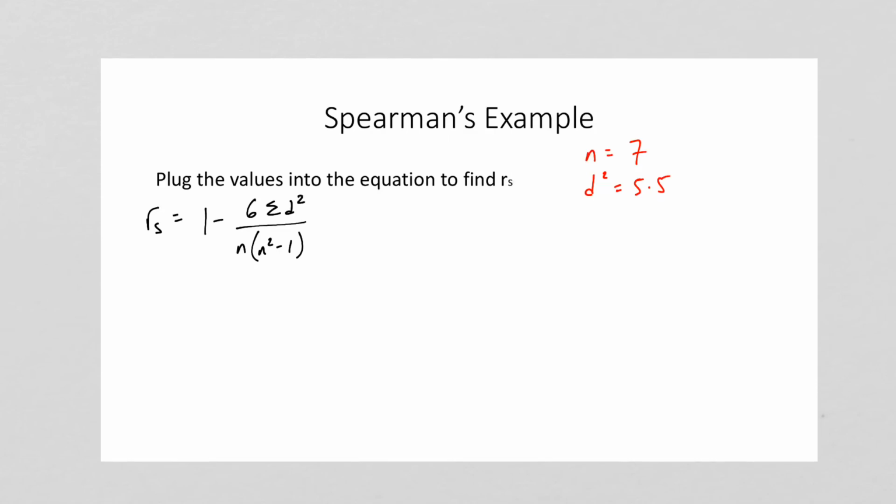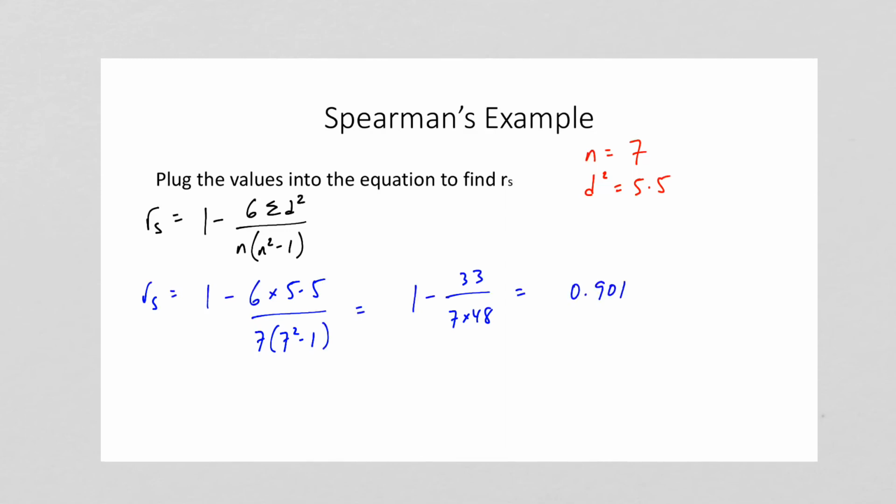So RS is going to be equal to 1 take away 6 times 5.5 divided by 7 times 7 squared take away 1, which is going to be equal to 1 take away 33 divided by 7 times 48, which is going to be equal to 0.90178574143.